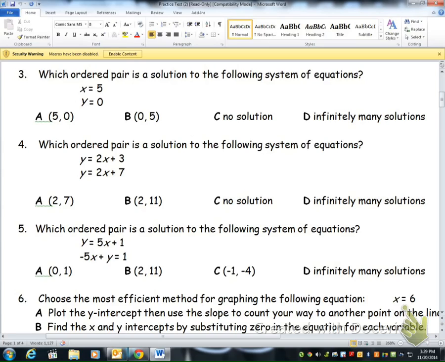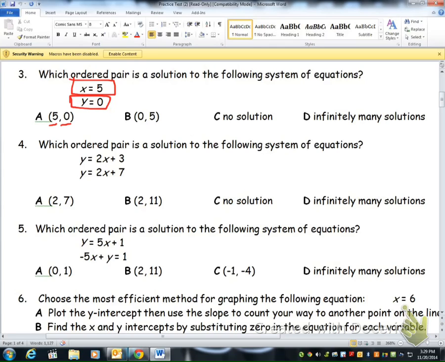This one's actually pretty straightforward because it asks which ordered pair is a solution to the following system of equations. Our first equation is x equals 5. Well, think about this. If x equals 5, then it's a pretty safe bet that your x-coordinate has to be 5. And then our second thing is y equals 0, which means our y-coordinate would have to be 0.